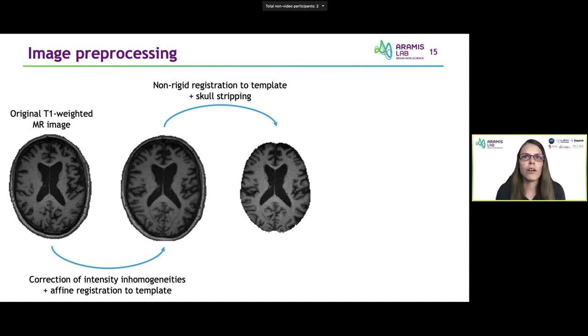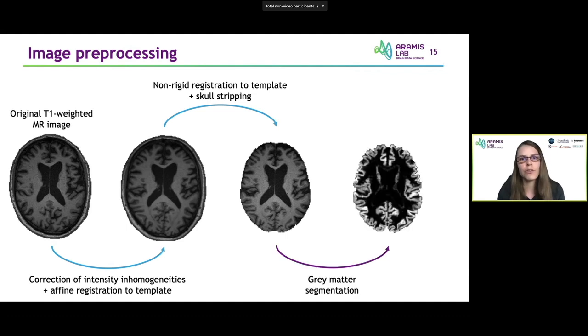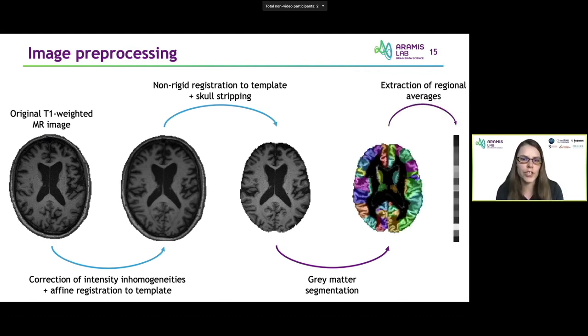These steps should be enough for the use of deep learning algorithms, but for traditional machine learning, it might be necessary to extract specific features. In our Alzheimer's context, it could be interesting to segment gray matter to assess atrophy. And also to limit the number of features, a solution could be to compute regional averages.